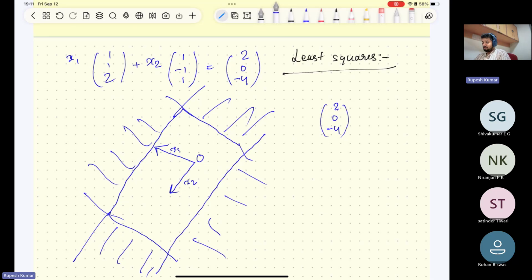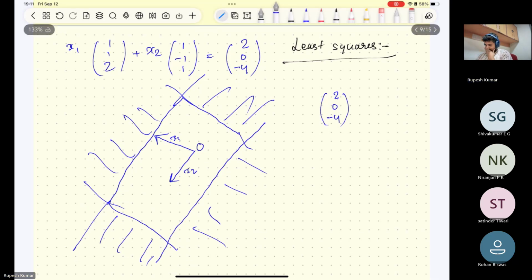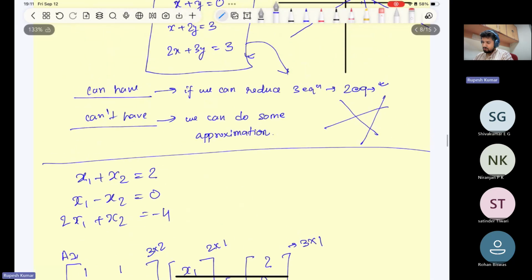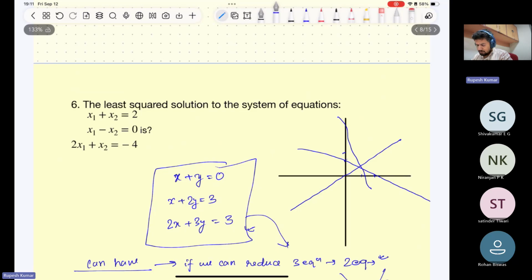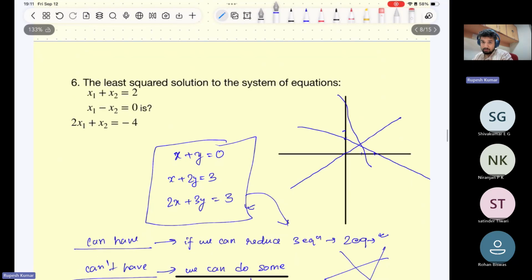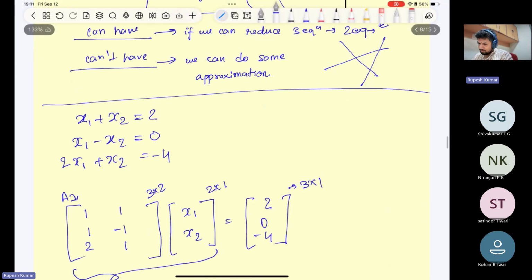Let's see what it says. For this, again, we can see if the equations are linearly independent. Yeah, the equations are linearly independent. All the three equations are there, right?